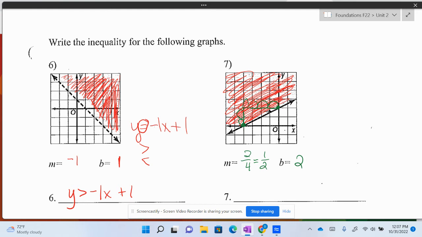Don't apologize. So Corbett, you're going to write the y equals equation. Perfect. Daniel, what two symbols do we have to choose between?